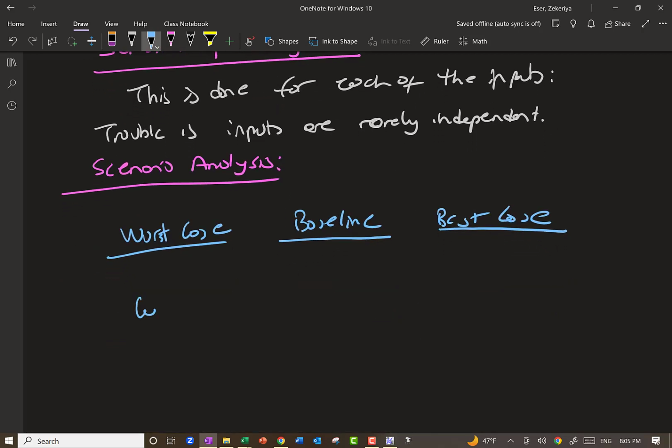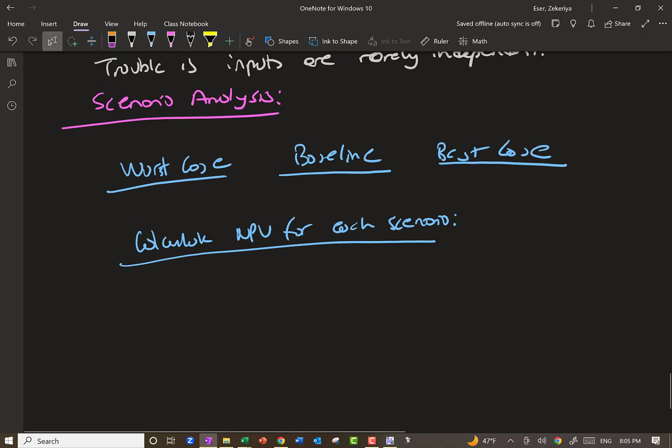And you basically calculate NPV for each scenario. If in the worst case scenario you still have a positive NPV, then you have a lot more confidence in that decision. You can read that sort of stuff from your book. I don't need to go into that.